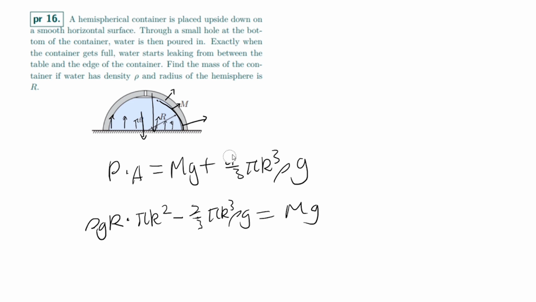This is 2/3 since it's the hemisphere, and that gives us 1/3 pi r cubed rho g is equal to mg. So m is equal to 1/3 pi r cubed rho.